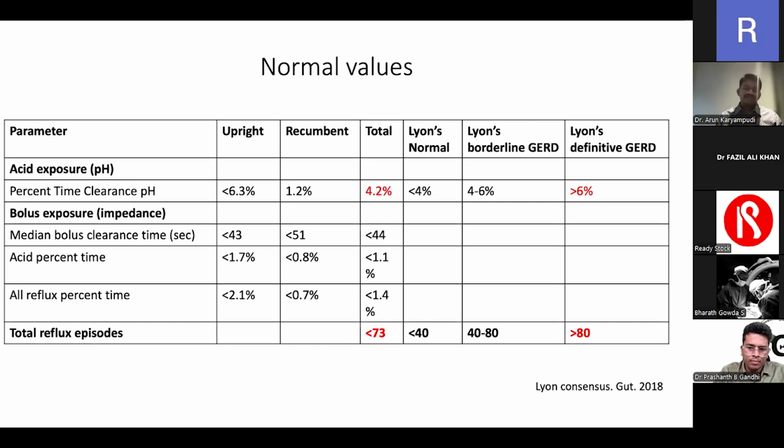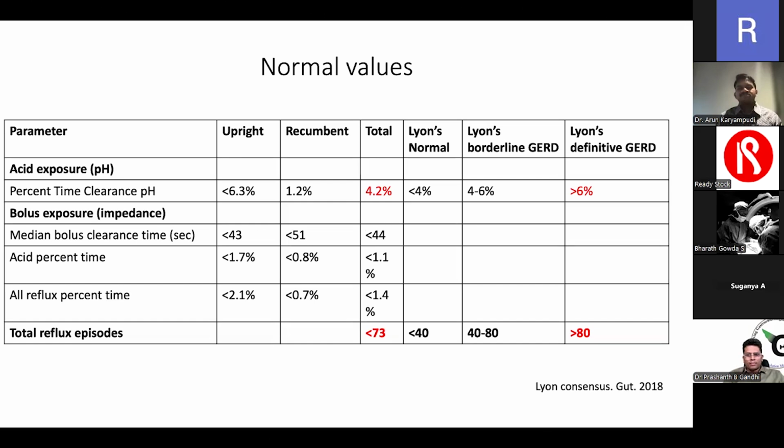But in 2018, we got the Lyon first version of consensus, and in Lyon consensus, it was clearly defined that acid exposure time is significant when it is more than 6%, or if the total reflux episodes are more than 80, then a patient is diagnosed to have GERD.